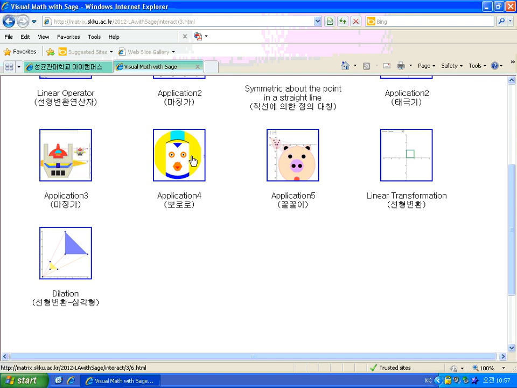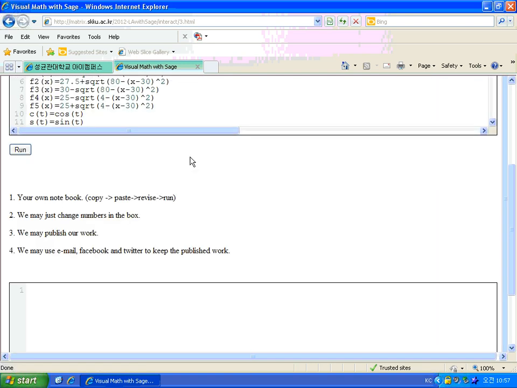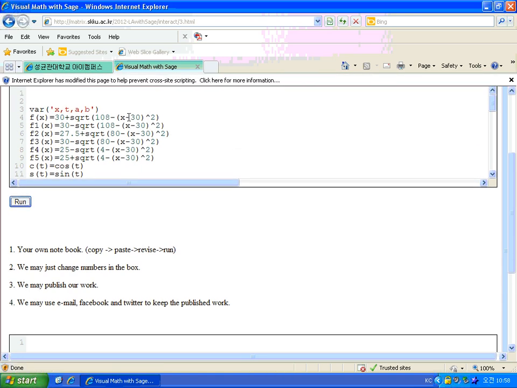I may show you this or Mazinga Z. Then if you learn this, I made the graph of those images by this command.